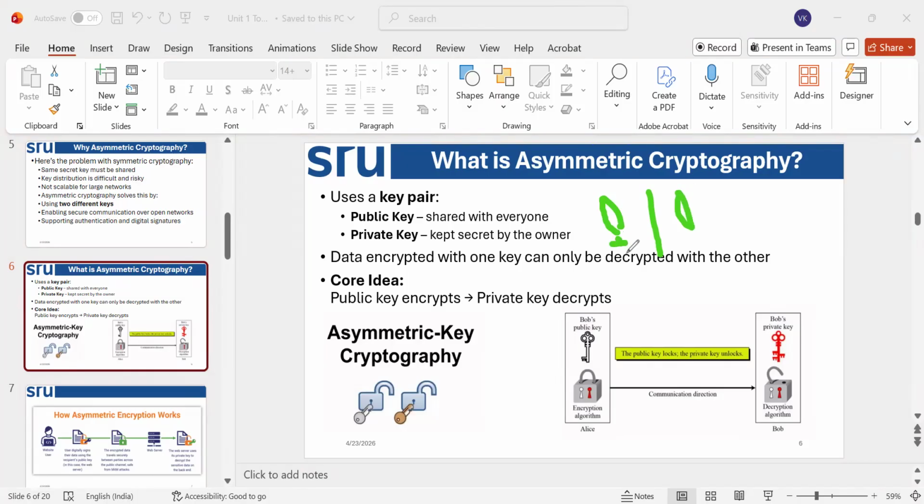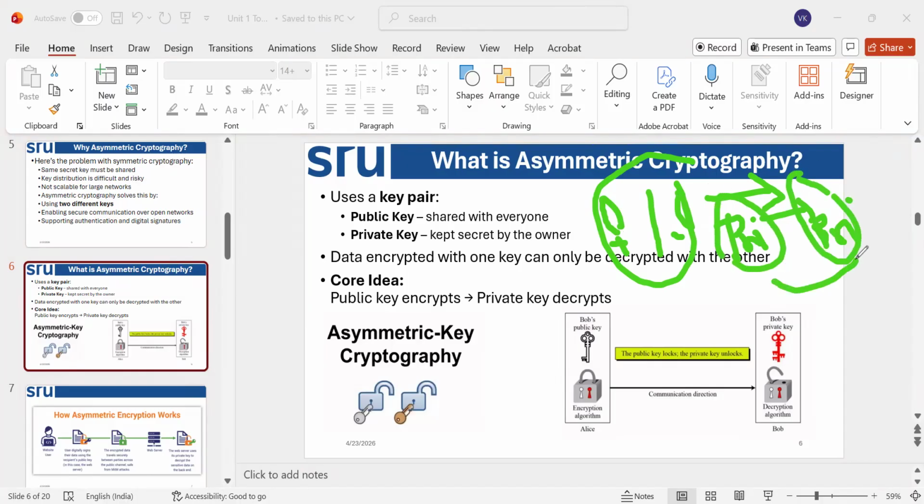If encryption adds, decryption subtracts. So that's why it's symmetric. In symmetric cryptography we also have key transfer. A private key goes from this place with the message to this place, right? This key will be used to unlock the message to get the original content, right? But in asymmetric cryptography, how does it work?